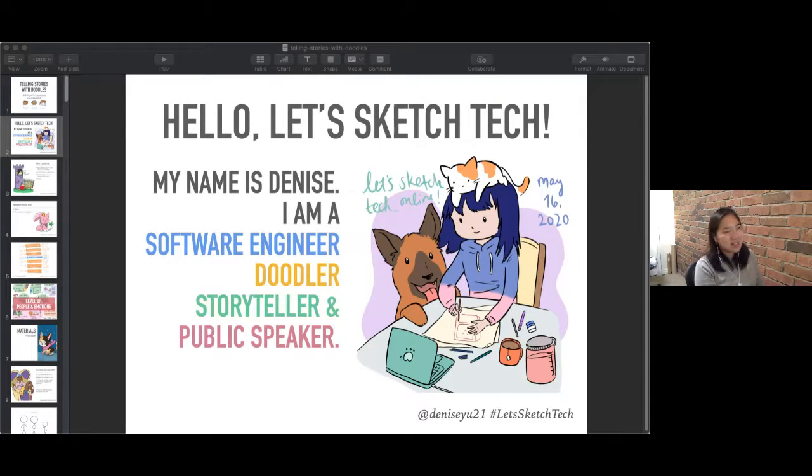There are some sections of this that are kind of geared towards technical professionals, but you can fill in the gaps. I'll talk through those a little bit. If you don't work in technology currently, I'll provide alternatives at those points. The name of this workshop is Telling Stories with Doodles. It's designed around 4 modules. I do run a longer version of this workshop sometimes, which I'll provide links to throughout the slides.